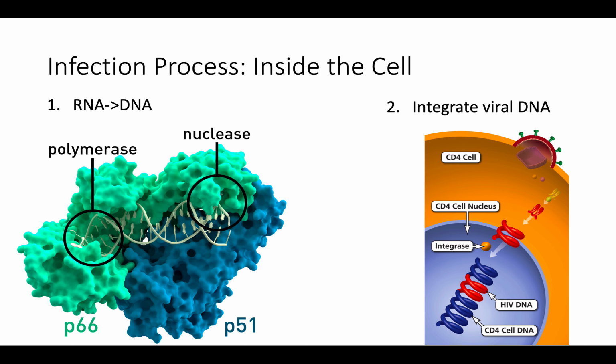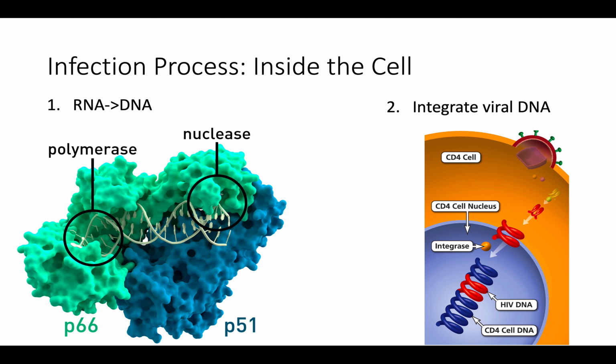So, once the virus is inside a cell, it uses this molecule on the left, a reverse transcriptase molecule, a sort of DNA polymerase that bases the DNA output on RNA input. This is the computer engineer in me speaking.